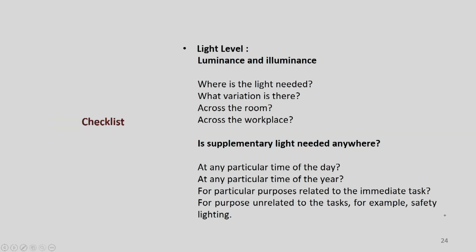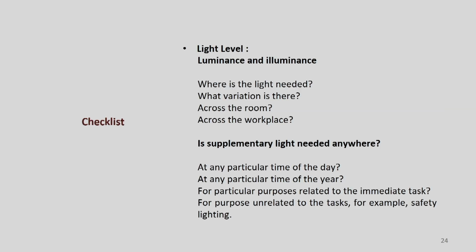So, when we start doing the measurement of the visual performance of a particular workplace, mainly understanding of the light level or illumination level of a particular environment, let us understand some very specific checklist. If we are talking about the luminance and illuminance, then we should understand where the light is needed in a particular workplace. Suppose this is the work desk I am currently working.